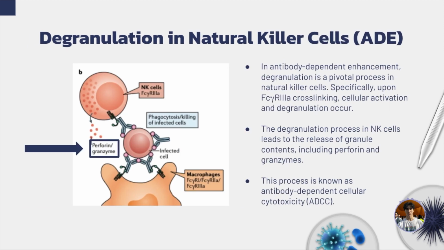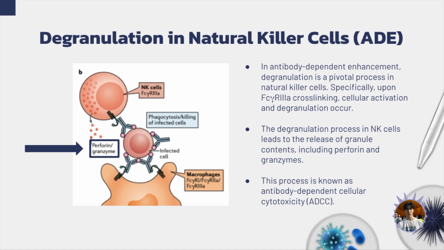Now moving on to the next slide, in antibody-dependent enhancement, degranulation is a pivotal process in natural killer cells. And these natural killer cells, specifically upon Fc gamma R3A cross-linking, begin cellular activation and degranulation. The degranulation process in natural killer cells leads to the release of granule contents, including perforin and granzymes.